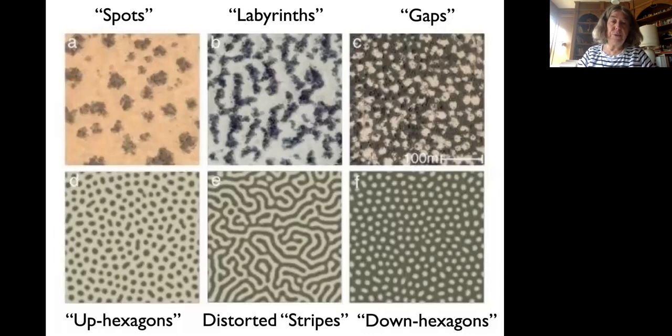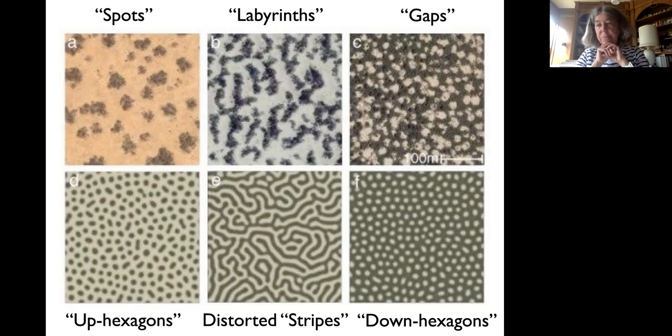So here it is within different images showing these, and also within a mathematical model. What I was thinking it looked like, and other people thought about this as well, is that these spot and gap patterns look like they're approximately on some kind of hexagonal lattice.